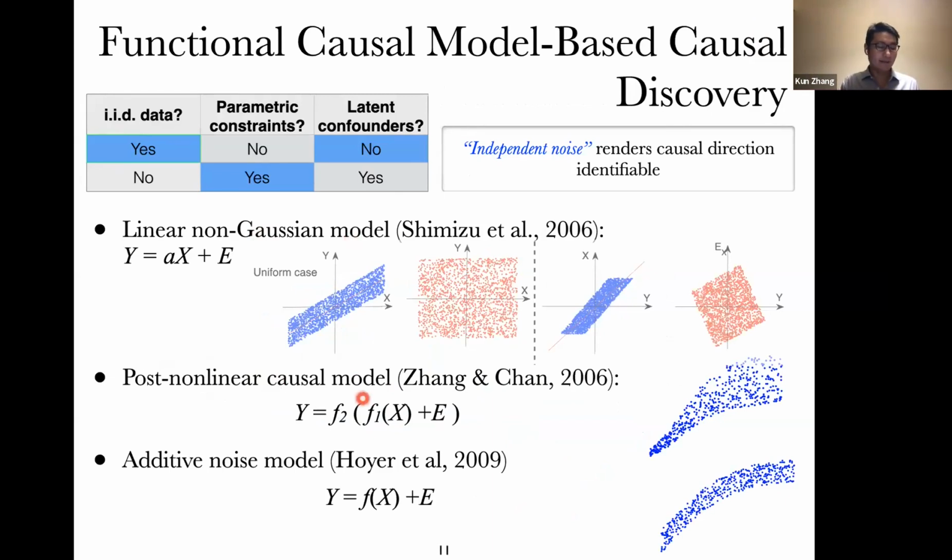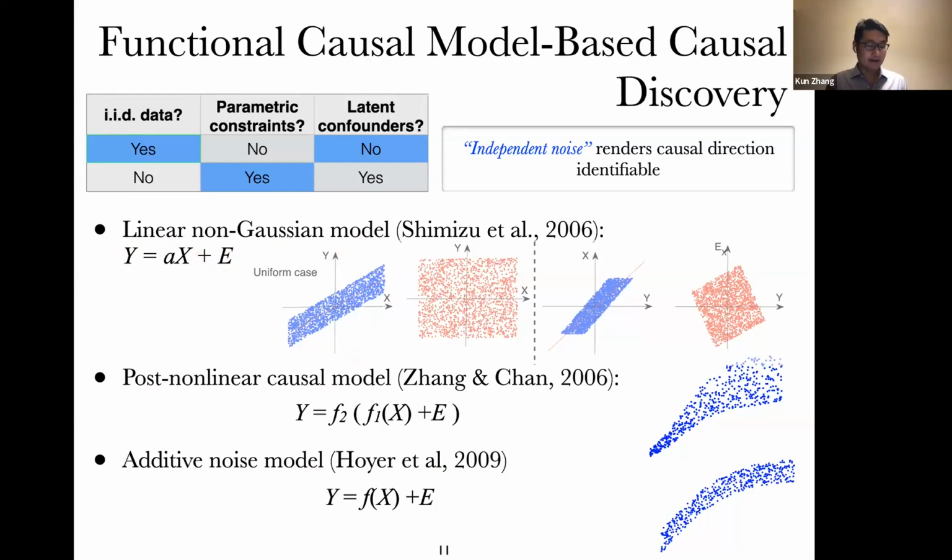Here you can see three typical functional causal models, including the linear non-Gaussian model, the post-nonlinear causal model, and the additive noise model. So let's have a look at the linear non-Gaussian model. You can see here Y is generated from X in a linear way together with independent noise. Because if X and Y do not have a latent confounder, then the noise should be independent. So we generate the data this way.